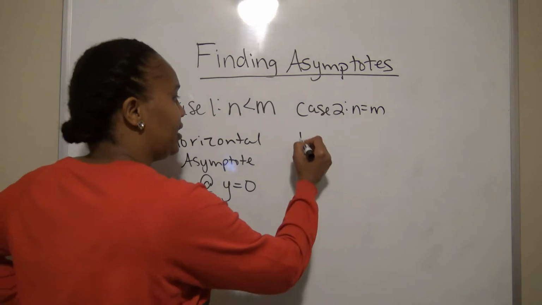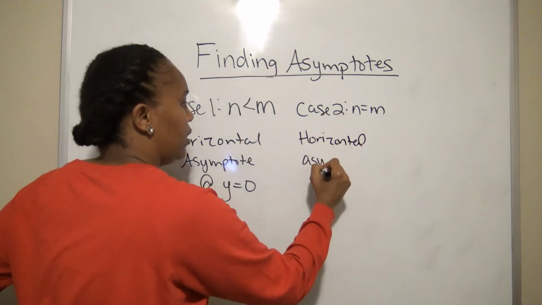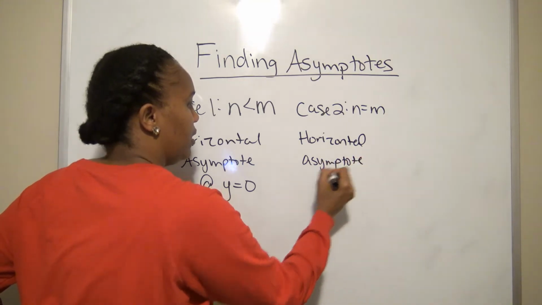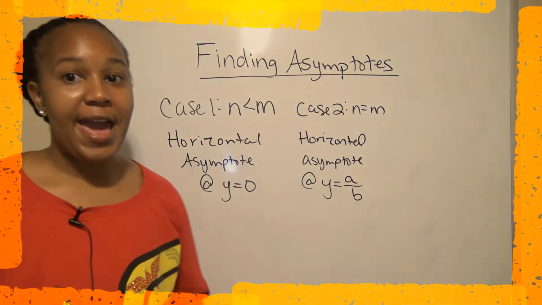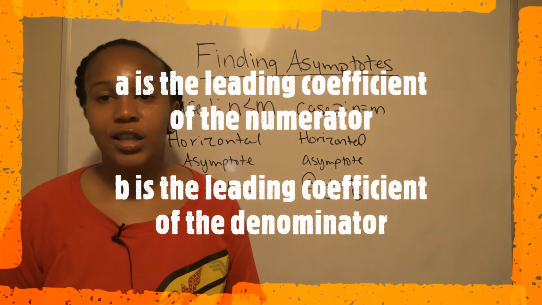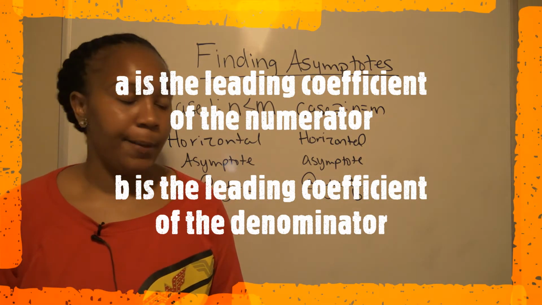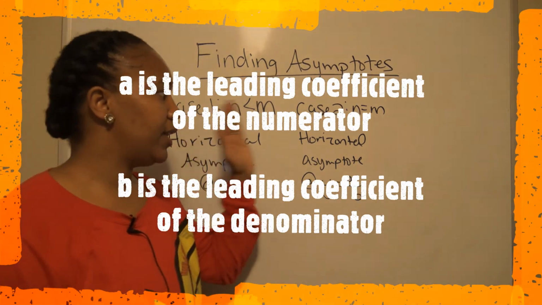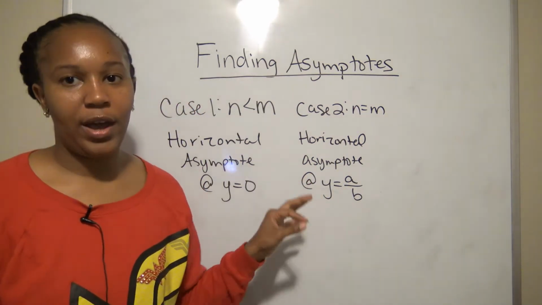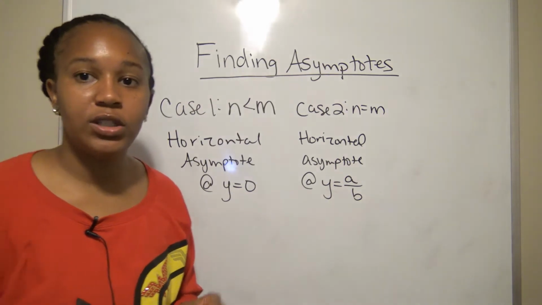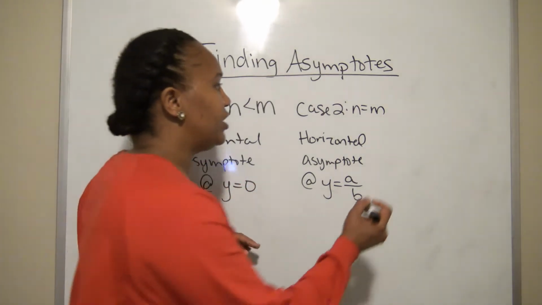If that is the case, then you end up with a horizontal asymptote at y equal a over b, where a is the leading coefficient of the numerator and b is the leading coefficient of the denominator, okay?